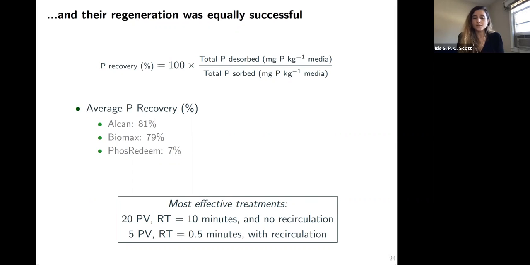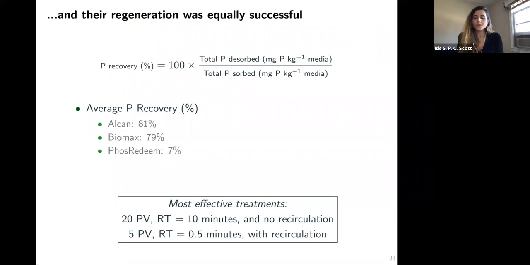We were able to find the most effective treatments, which were the ones that used 20 pore volumes of the regenerative solution and a residence time of 10 minutes without recirculation, or the one that used 5 pore volumes, residence time of 0.5 minutes with recirculation.